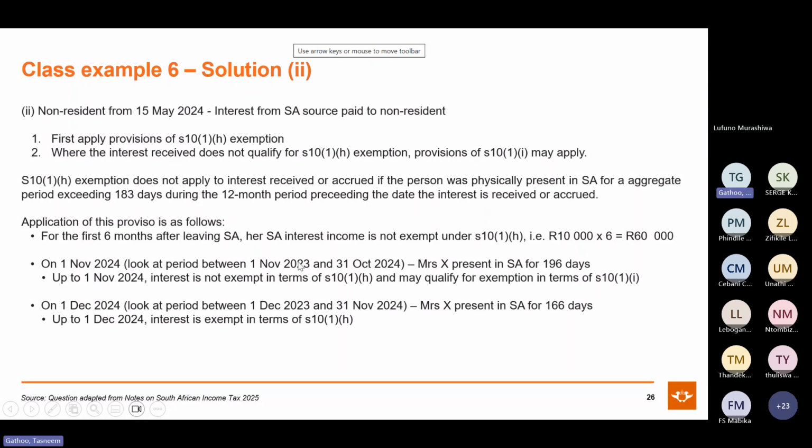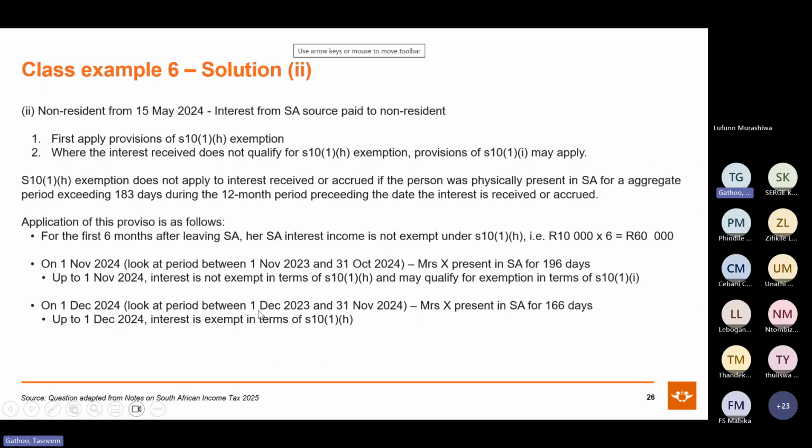And then if we take it to the next one, now let's look at the next month. If we go to the 1st of December, remember at 1 November, she was outside of the country for 5.5 months. And 1 December, she's now out of the country for 6.5 months. So if she's out of the country for 6.5 months, we then start counting what were the days that she was present in South Africa during that period?